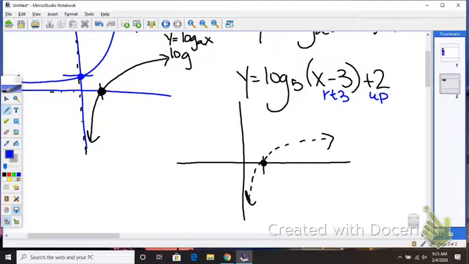So if there's not one, there's not a left-right shift. And the up-down shift will always be out of the parentheses. So we're going to take this point here, and we're going to go right 3. And then we're going to go up 2. So here's my new point. And here is my log sketching graph. And that's all we're going to do with log graphs, is sketch the shift.